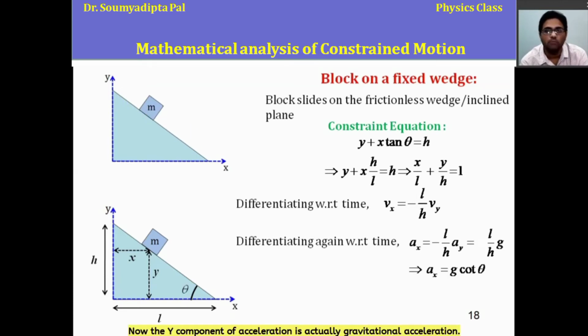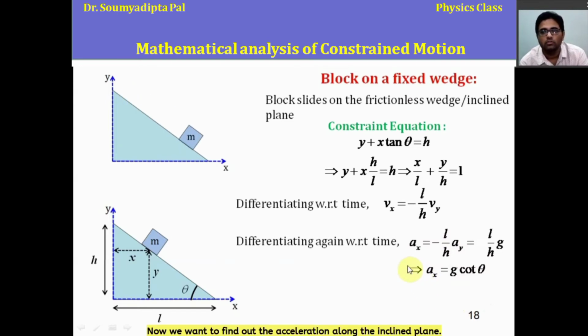Now the y component of acceleration is actually the gravitational acceleration, which is minus g, because this block is sliding downward, right? So the y component of acceleration will be minus g. Thus we obtain the x component of acceleration, and the expression is like this.